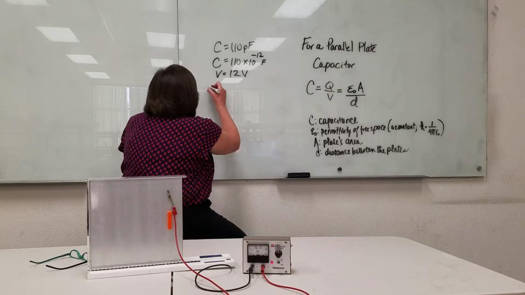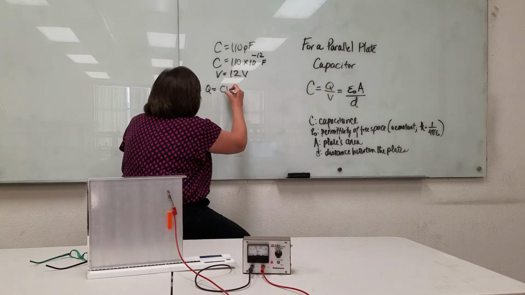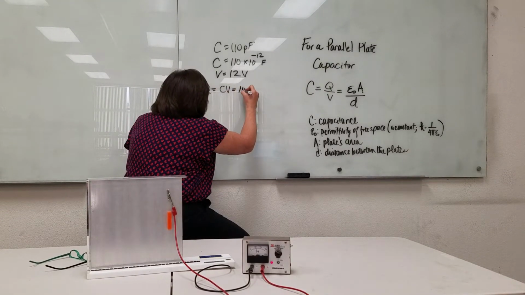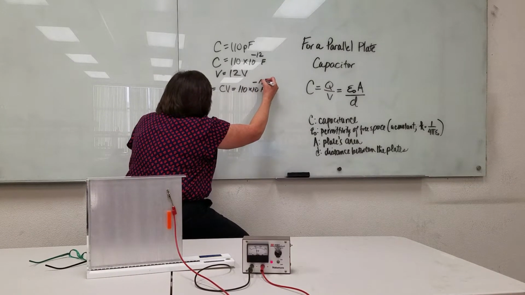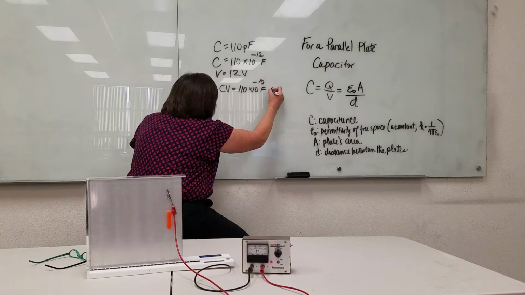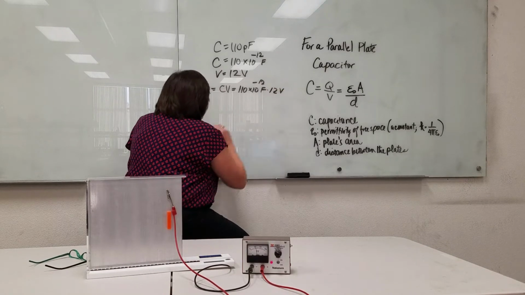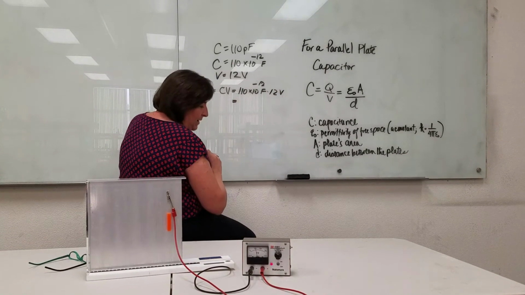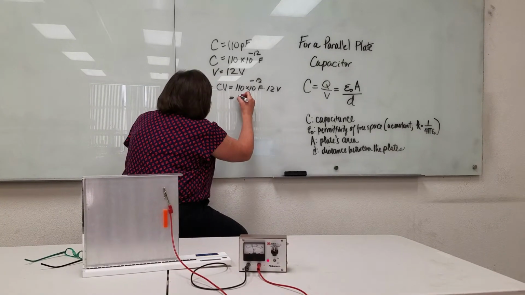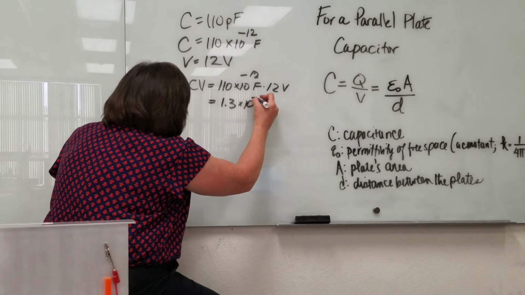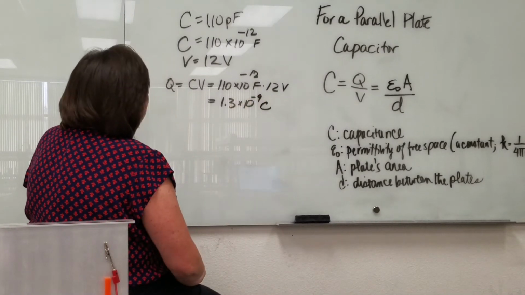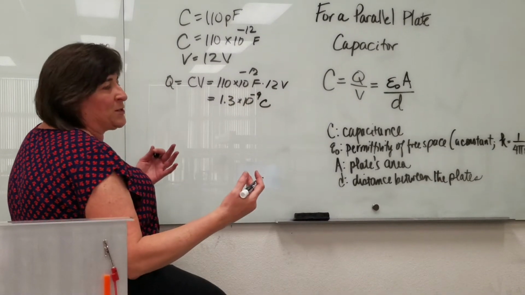So Q equals CV equals 110 times 10 to the minus 12 farads times 12 volts. When I put that together, that's 1.3 times 10 to the minus 9 coulombs. And that's pretty small.